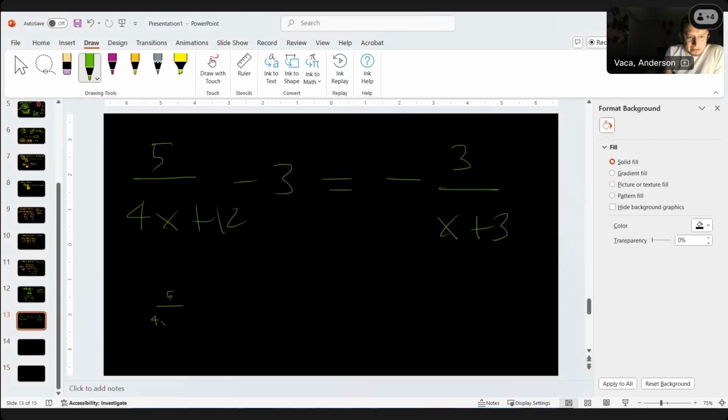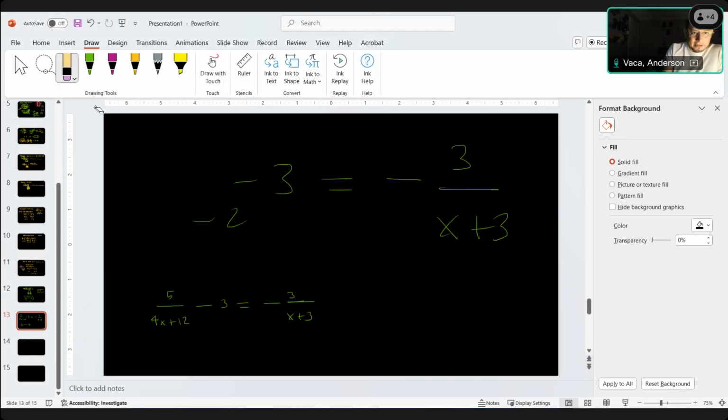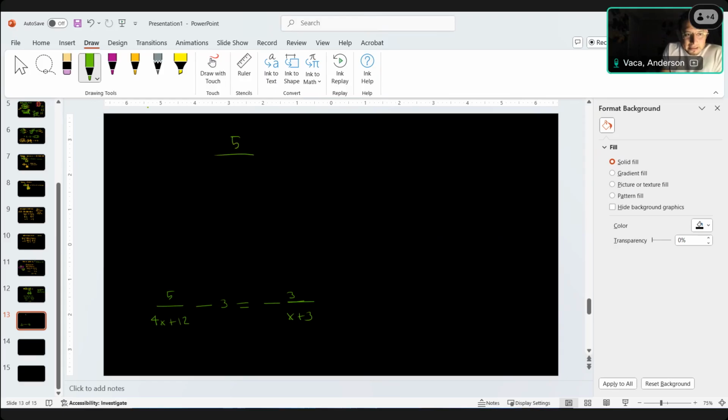Then 4x plus 12 minus 3 is equal to negative 3 over x plus 3. There's really no need for all of this, or maybe there was, I don't know. I'm going to rewrite it again. I don't feel good about this. Oh, that's better. 4x plus 12 minus 3 is equal to negative 3 over x plus 3.